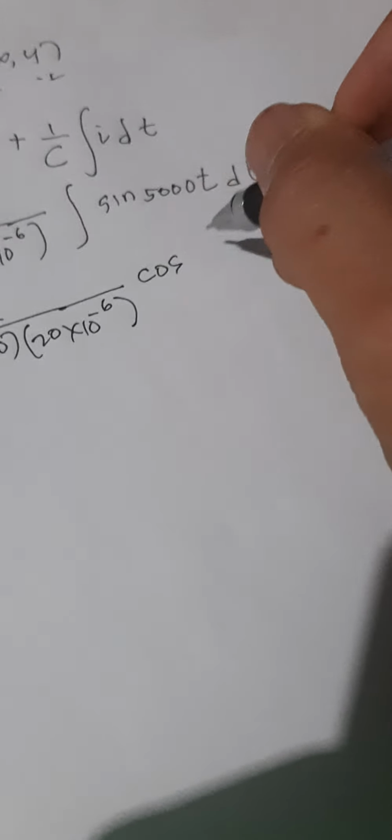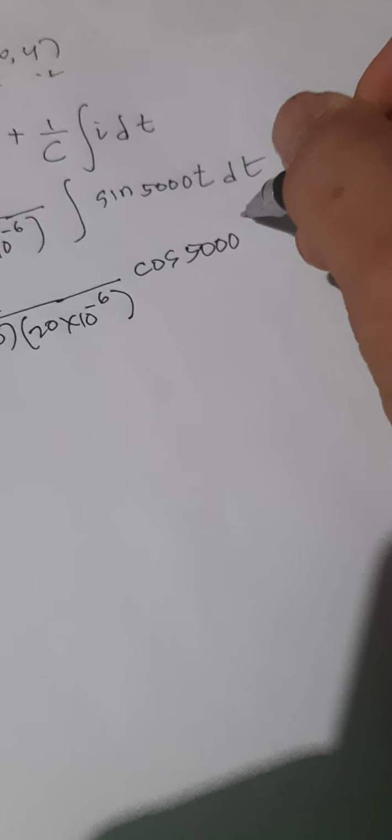This is 10 plus 2 over, okay, pag in-integrate natin yung sine, integral niyan is 1 over 5,000 multiplied by 20 times 10 raised negative 6. Then integral ng sine ay negative cosine 5,000 t. Yan.